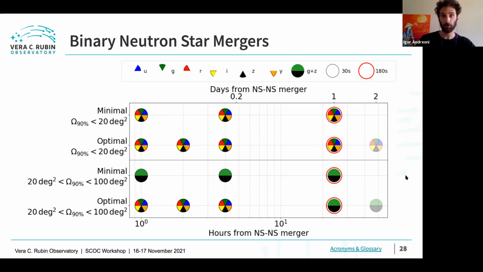And color information is also key to distinguish from other transients, but also to do science once the counterpart is identified. Observation on the following night, or possibly even later on the third night after the merger, could truly be necessary to select a few possible candidates that could be followed up.